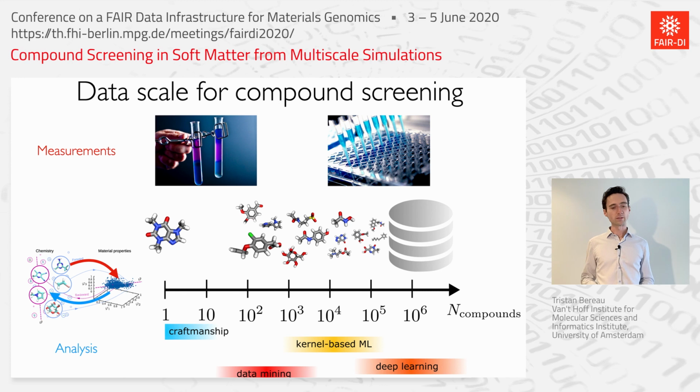And likewise, if you're then using these data points to try to infer relationships, the statistical models you work with will typically depend on the regime in terms of the number of data points you have accessible.